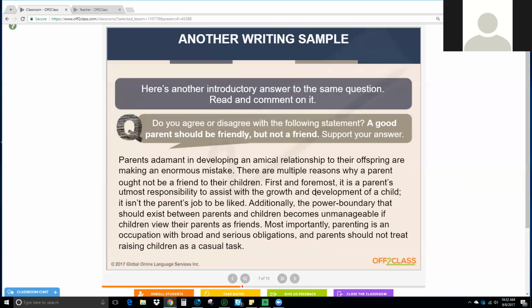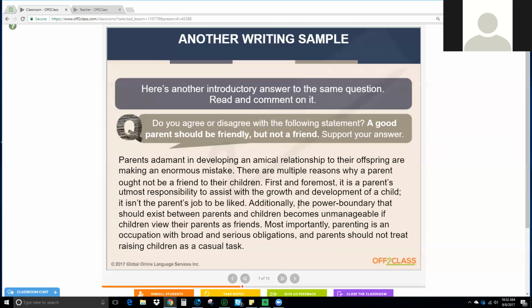So this is another introductory answer to the same question. Do you agree or disagree with the following statement? A good parent should be friendly but not a friend. Parents adamant in developing an amicable relationship to their offspring are making an enormous mistake. There are multiple reasons why a parent ought not be a friend to their children.